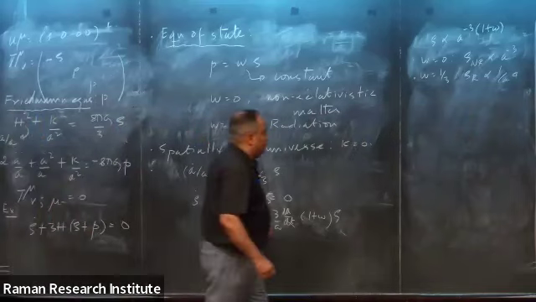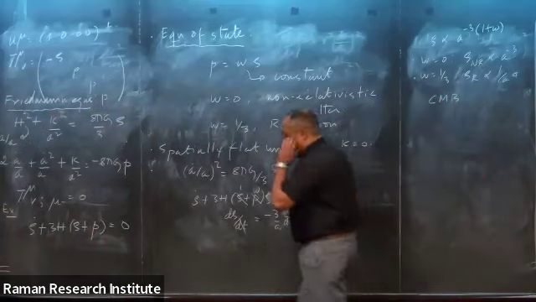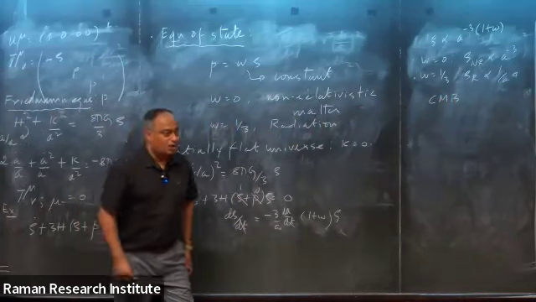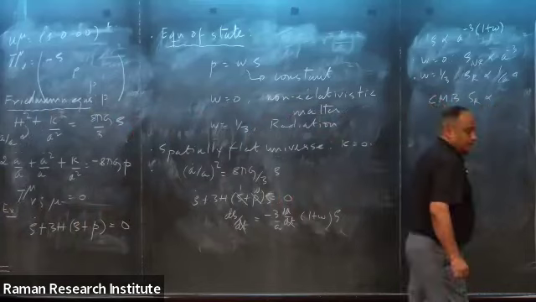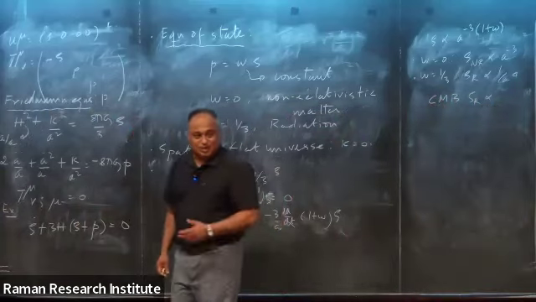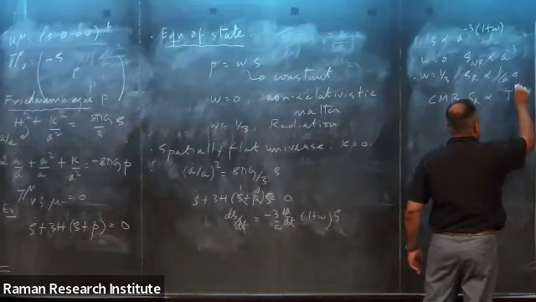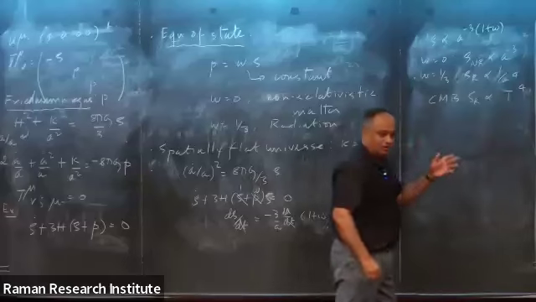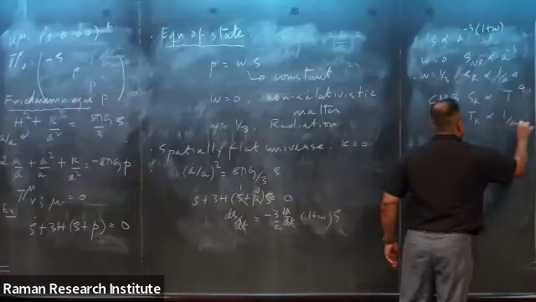And if you have thermal radiation, why are we interested in thermal radiation? If you have CMB, what do you have? You have rho radiation, and there is a famous law called the Stefan-Boltzmann law, which tells you that rho r is proportional to sigma T to the power 4. So the temperature of the radiation goes as 1 over a.